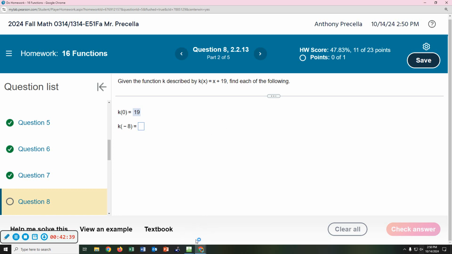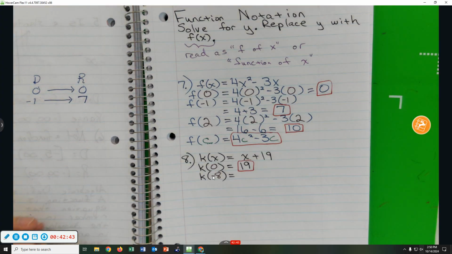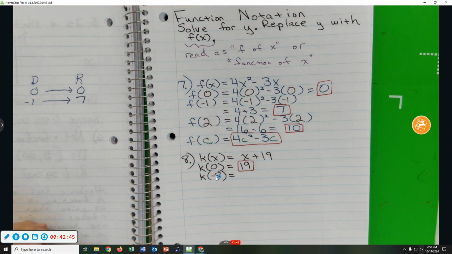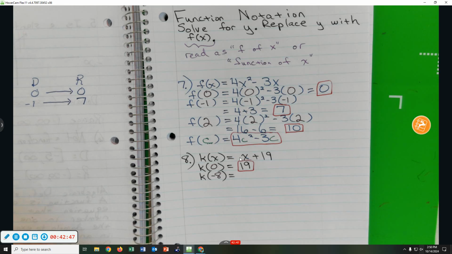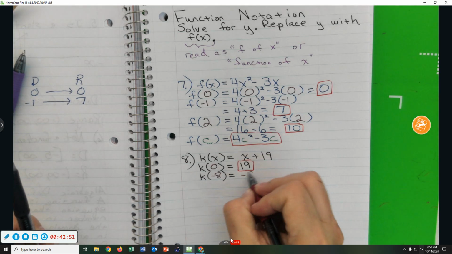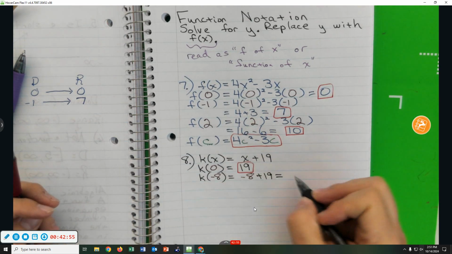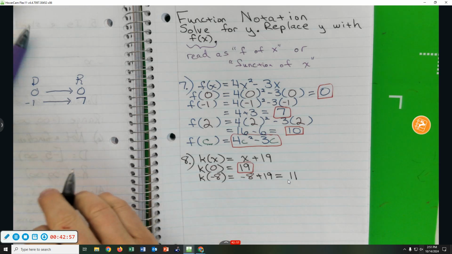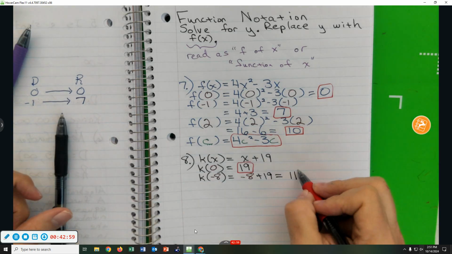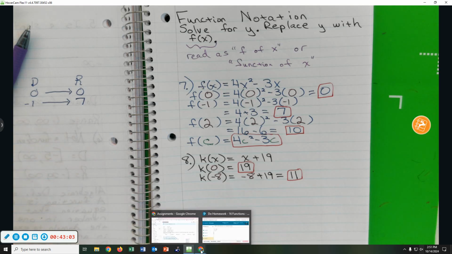Okay. So k of -8. That says go to my function k. Wherever I see a variable, I'll replace it with -8. So we have -8 plus 19, which gives me a positive 11. So -8 is being assigned to positive 11.